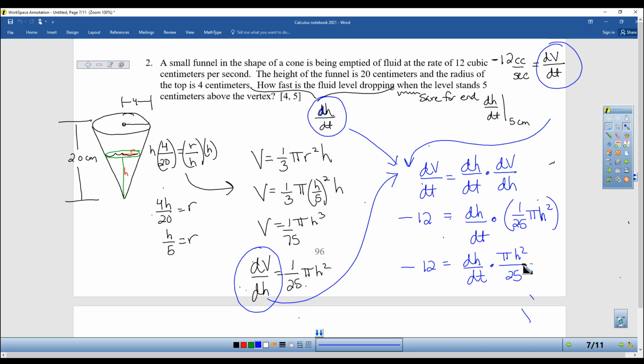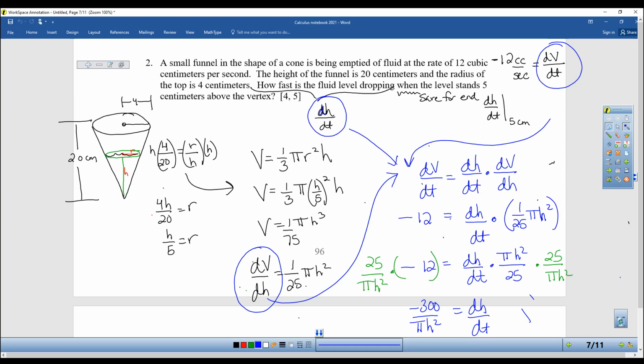I think I'm just going to multiply both sides by 25 over pi h squared. So my dH dt is equal to -300 over pi h squared.